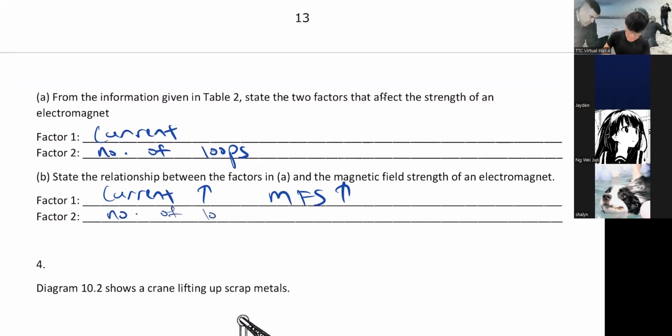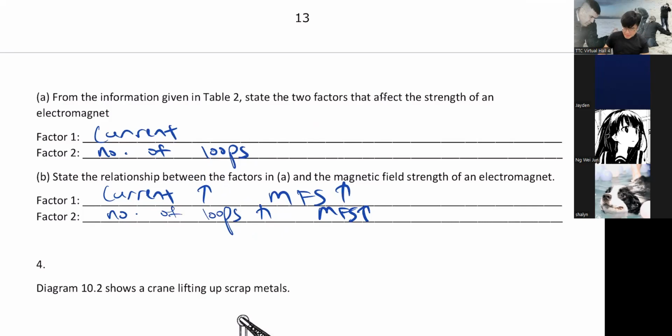Same thing: the higher the number of loops, that means more circles, the higher the magnetic field strength, the stronger it is. I'm using arrows here because I don't want to write the full answer. I'm just trying to save your time.